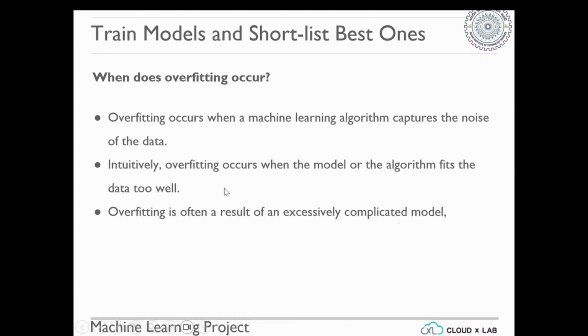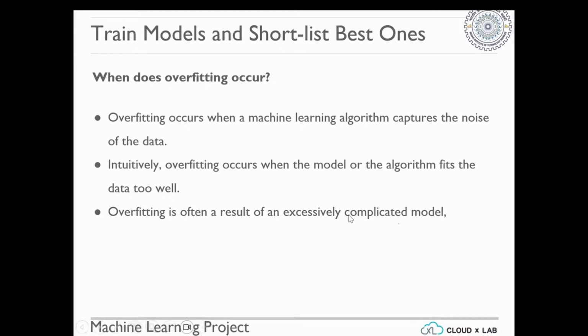Now there can be several reasons. Depending upon, let's say, if the model is capturing noise, or you are using a highly complicated model, or let's say the features are creating the problem, accordingly you will prevent overfitting, right?